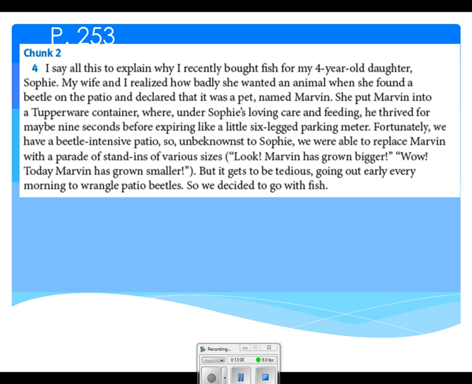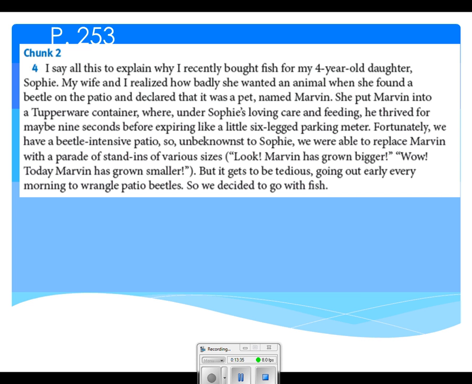I say all this to explain why I recently bought fish for my 4-year-old daughter, Sophie. My wife and I realized how badly she wanted an animal when she found a beetle on the patio and declared that it was a pet, named Marvin. She put Marvin into a Tupperware container where, under Sophie's loving care and feeding, he thrived for maybe 9 seconds before expiring like a little 6-legged parking meter.